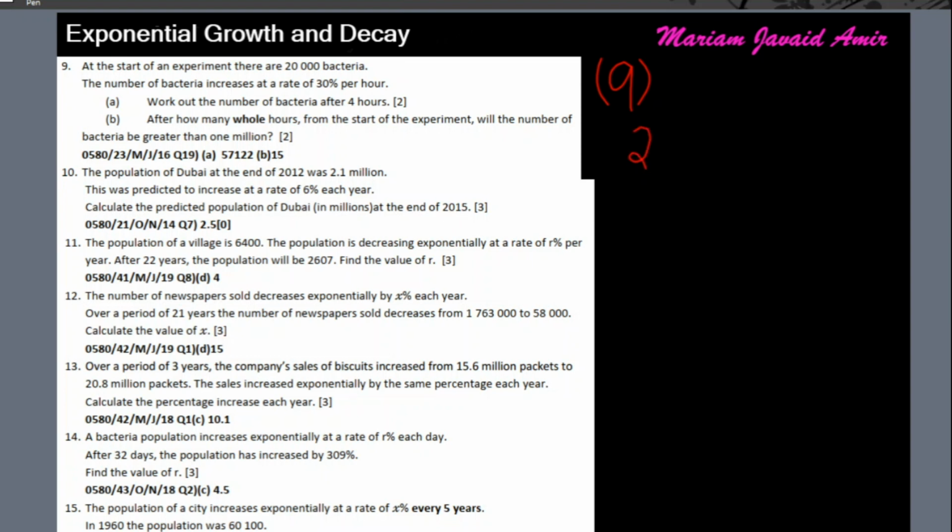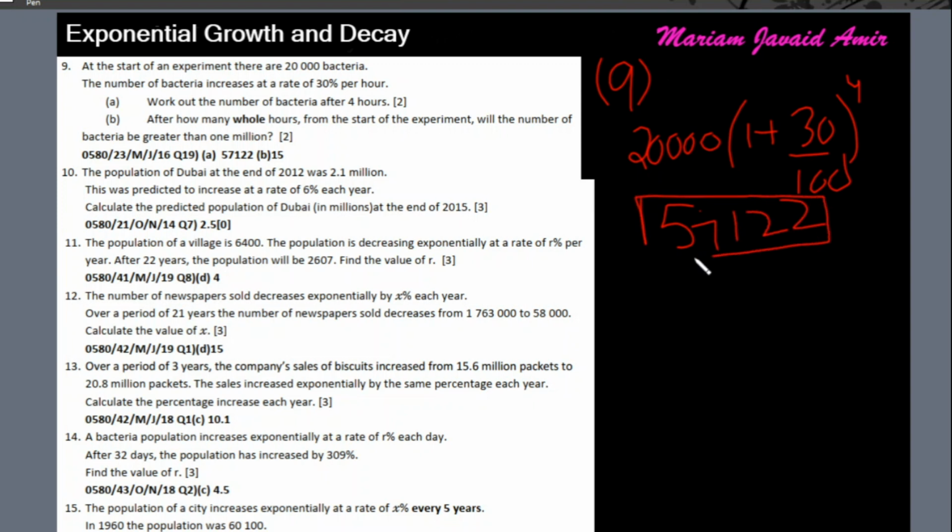So, initial value is 20,000, 1 plus rate over 100 and time is 4 hours, which gives us 57122 for part A.